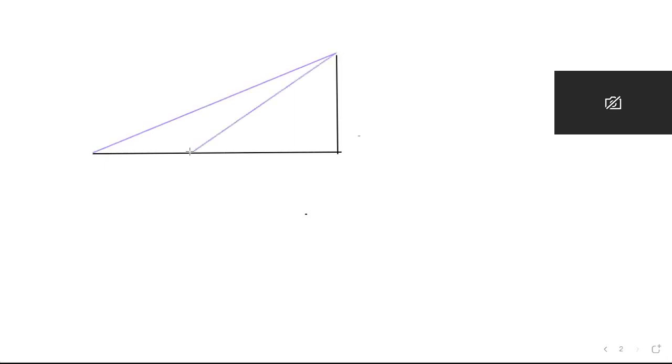Now, we had the same original problem. We had A, B, C, and this angle as the angle of elevation, 16 degrees. We had this angle as 28 degrees.